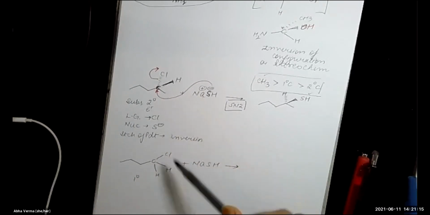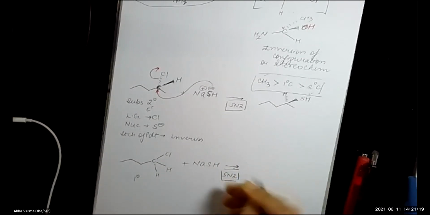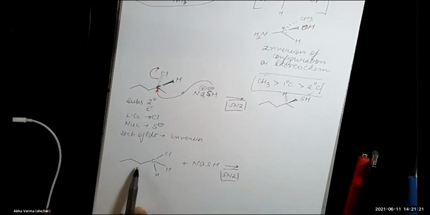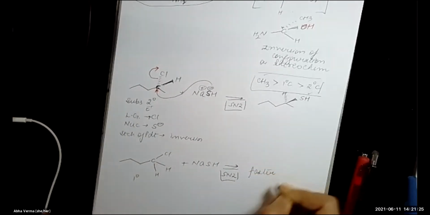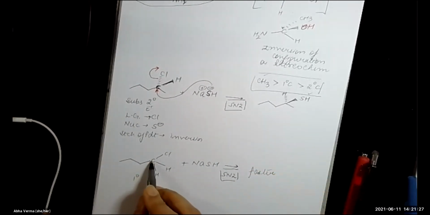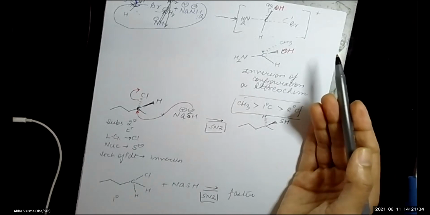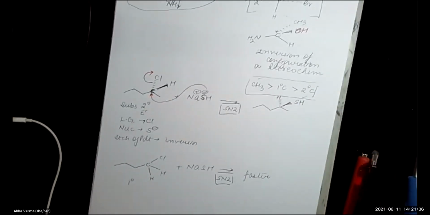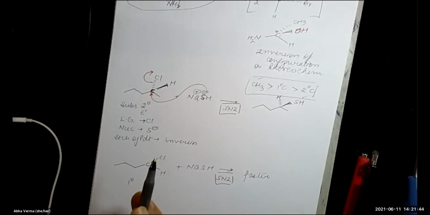And so out of these two, both of them will follow SN2, which will be faster? This will be faster. Why? Because of less bulk. The transition state will form faster and my overall reaction will be faster. So the bulk on the substrate is the biggest factor and the first limitation of SN2.